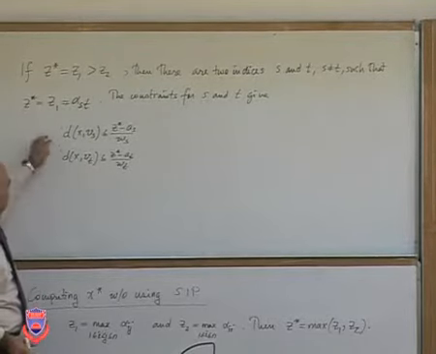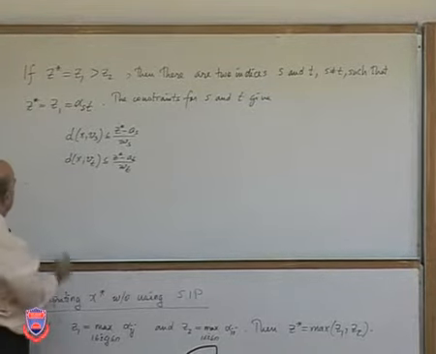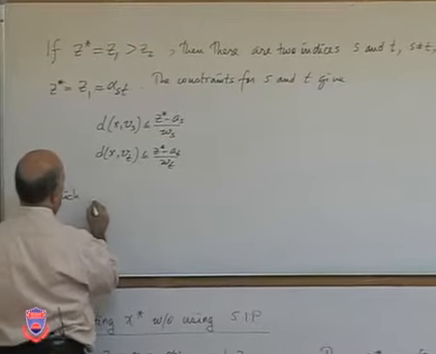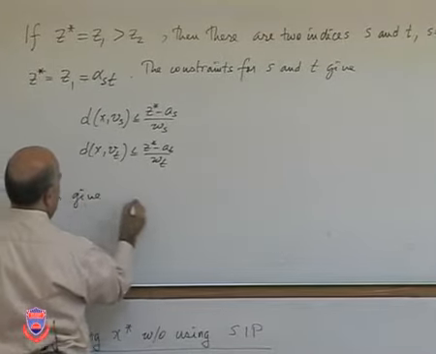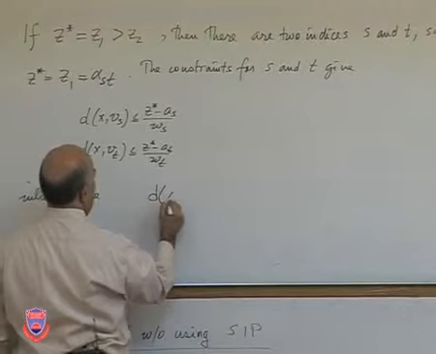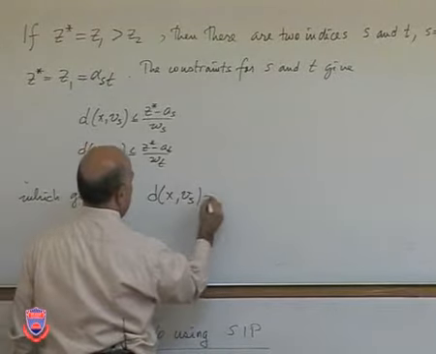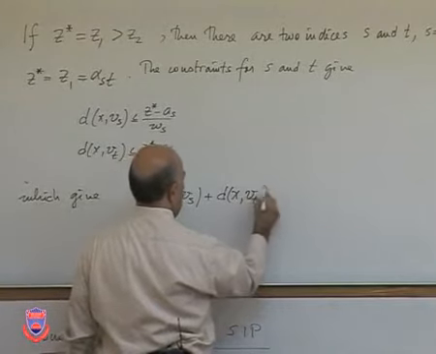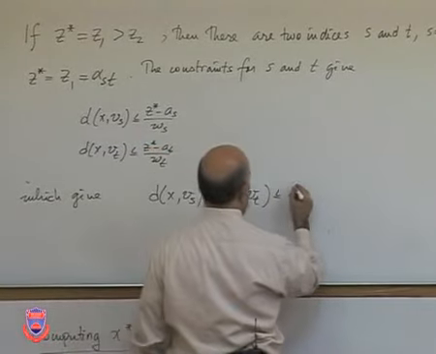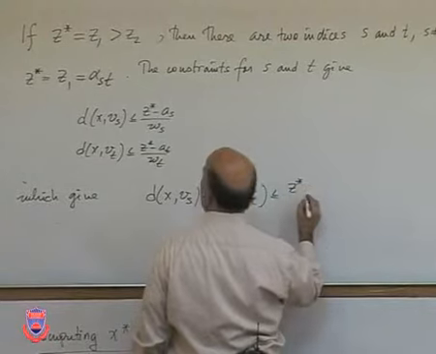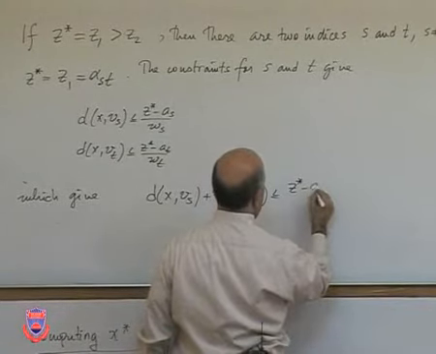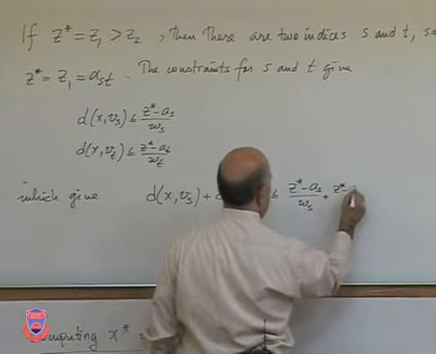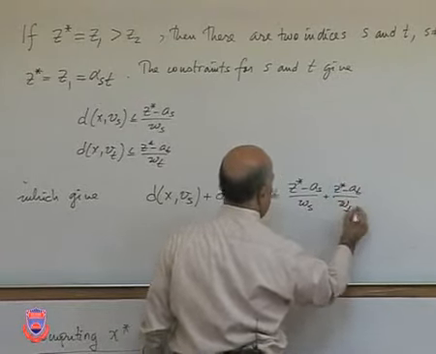So the constraints for S and T give this, which when added up give the distance between x and Vs plus x and Vt less or equal Z star minus a s over w s plus Z star minus a t over w t.